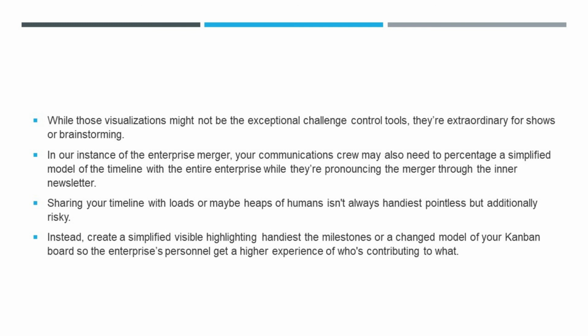In our example of the company merger, your communications team may want to present a simplified version of the timeline to the entire company when they are announcing the merger through the internal newsletter. Sharing your timeline with hundreds or even thousands of people isn't only pointless but also risky. Instead, create a simplified visual highlighting only the milestones or a modified version of your Kanban board so the company's employees get a better sense of who's contributing to what.